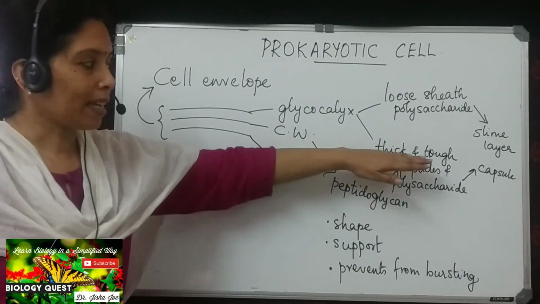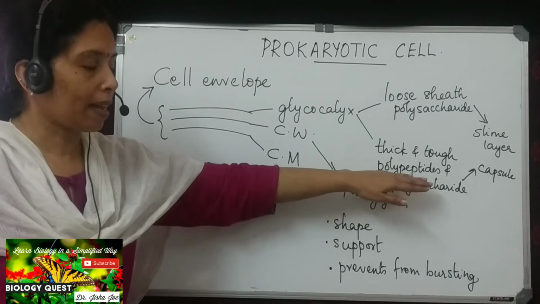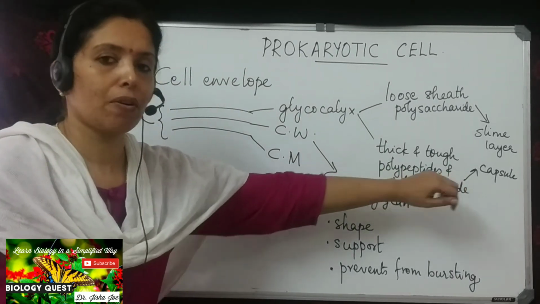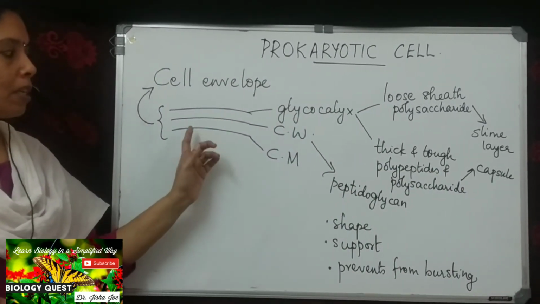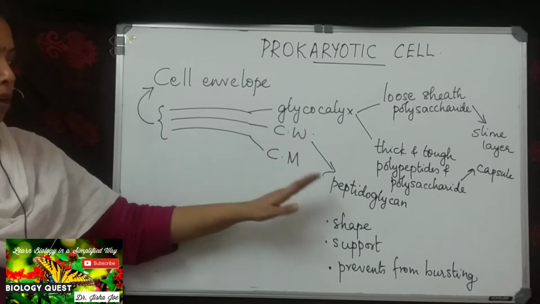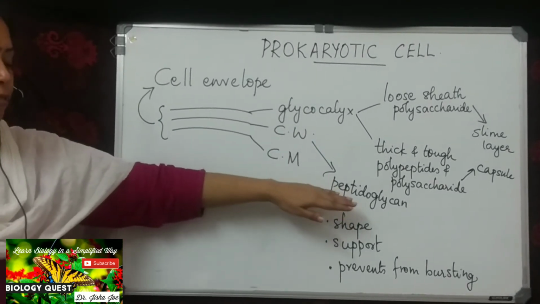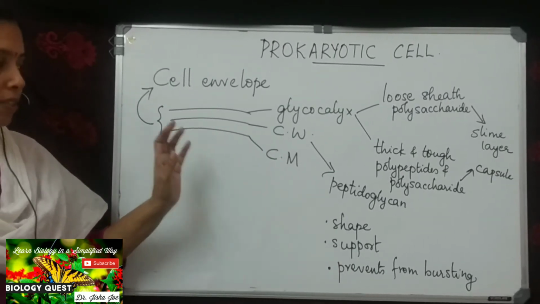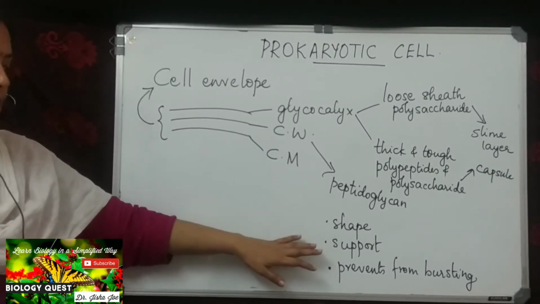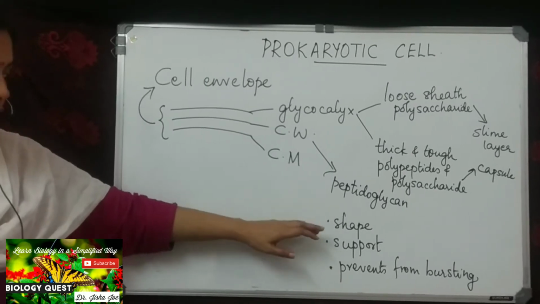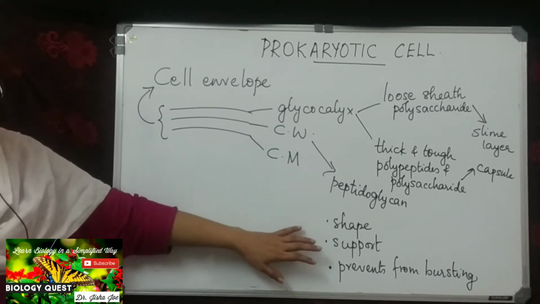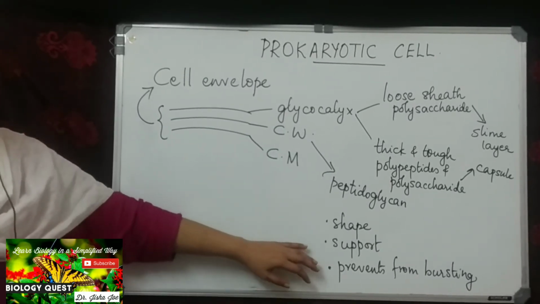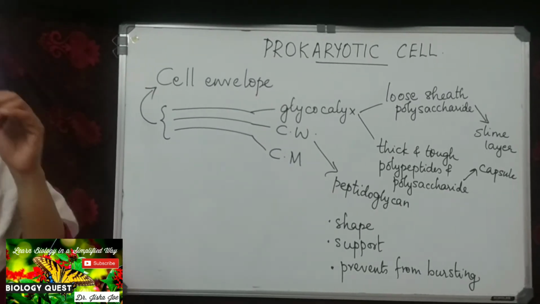If it is a thick and tough layer formed of polysaccharides and polypeptides, then it is called a capsule. The cell wall in bacteria is formed of peptidoglycan, and it is a tough and rigid layer. The functions of the cell wall are that it gives shape to the cell, gives structural support to the cell, and prevents the cell from bursting.